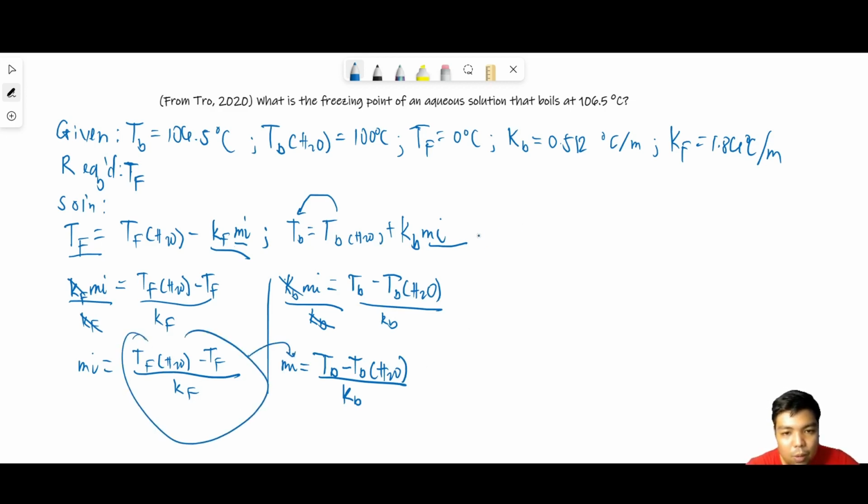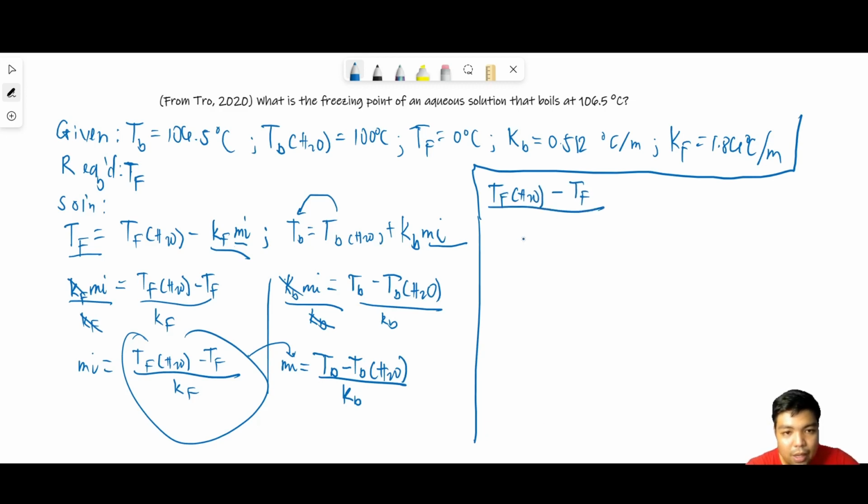I'll just write it here so that I have more space for writing. So freezing point, TF, divided by KF is equals to TB, sorry, boiling point of your solution minus the boiling point of your pure water divided by KB.